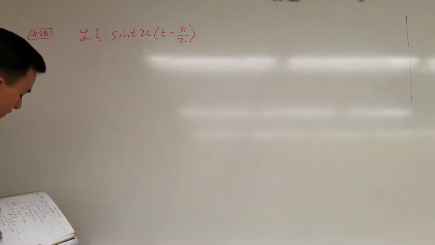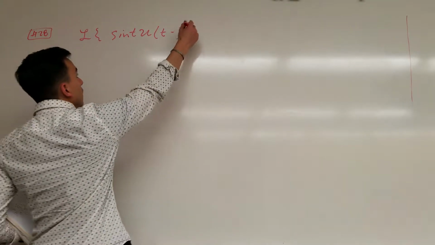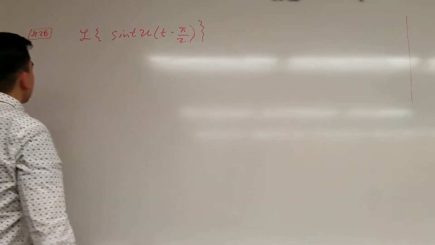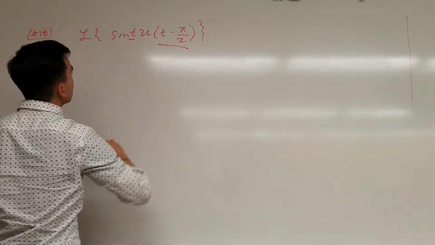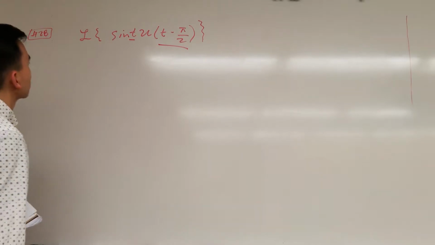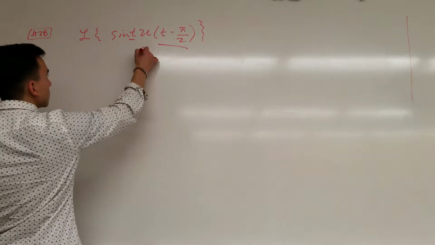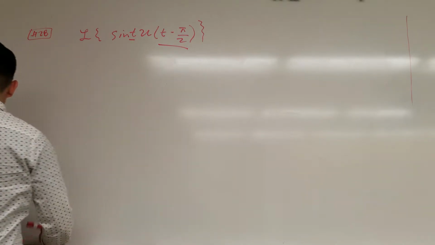Oh, great. So when I look at this, I know I'll probably have to use one of my identities to get this argument the same as this. They're not the same right now. However, we're going to match them. Will they ever find their match? I don't know. Let's see.